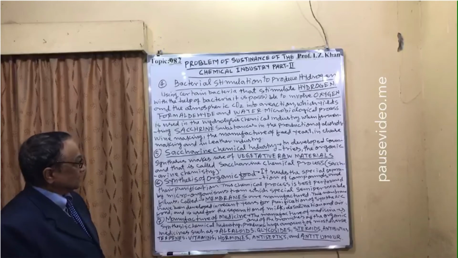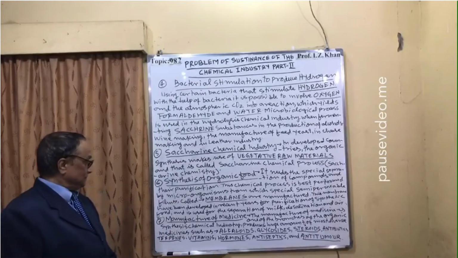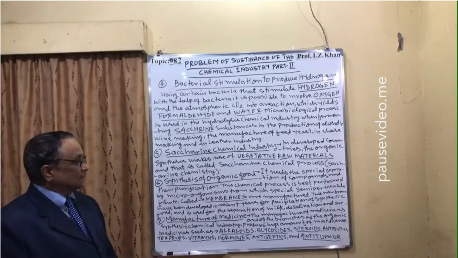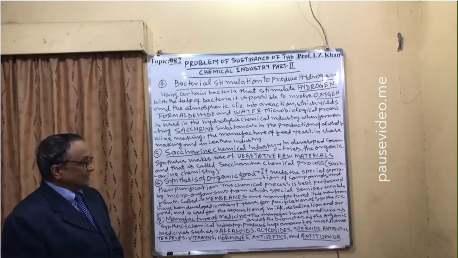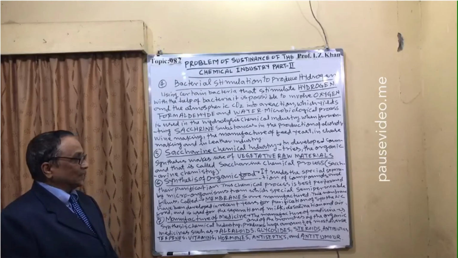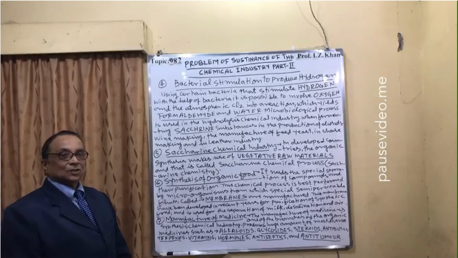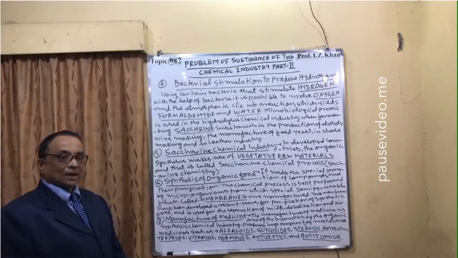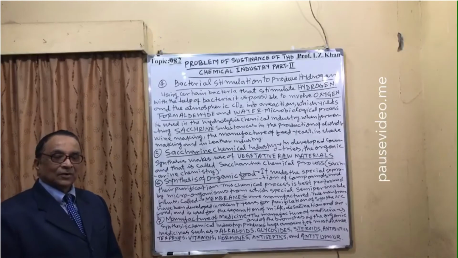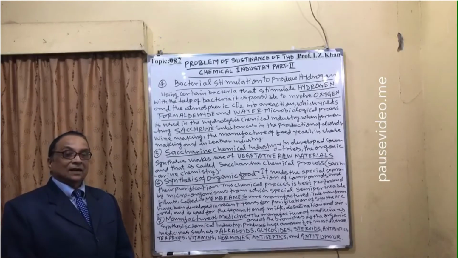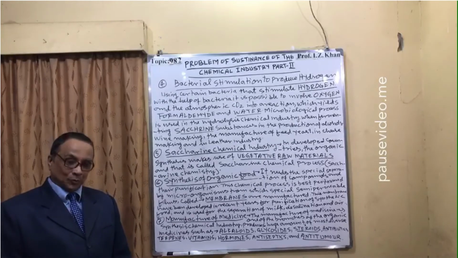And number 6, synthesis of organic food. It needs the special separation of compounds and their purification. So in the case of the organic food industry, we need a special type of technique for how to separate and how to purify the compound.